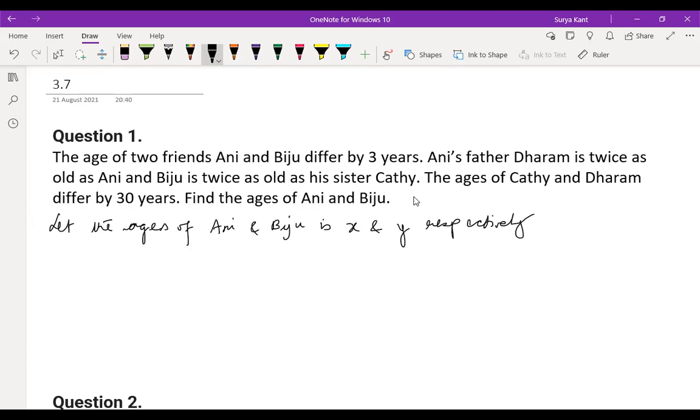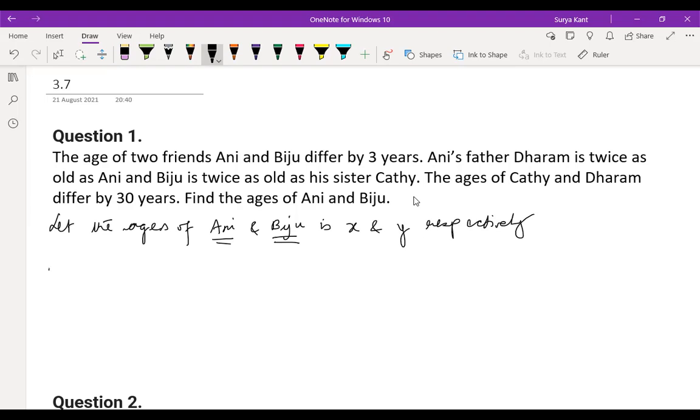So now Ani's father Dharam. There is a 3 years difference, no, children? So two cases come up. We don't know which is more and which is less.